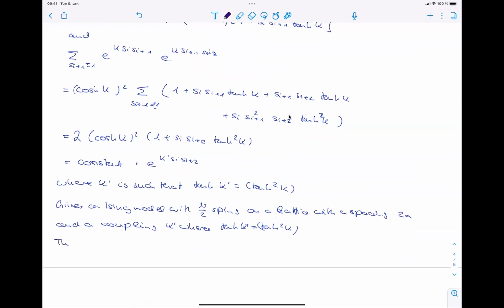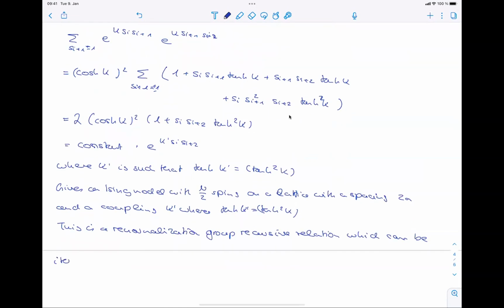So what we find here is a renormalization recursive relation, which can be iterated an arbitrary number of times.